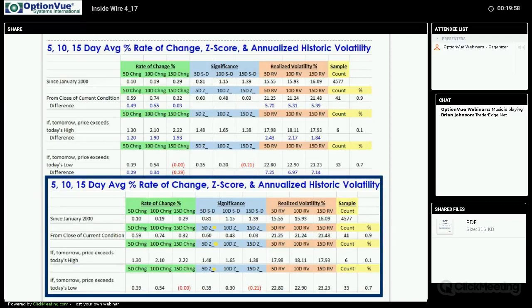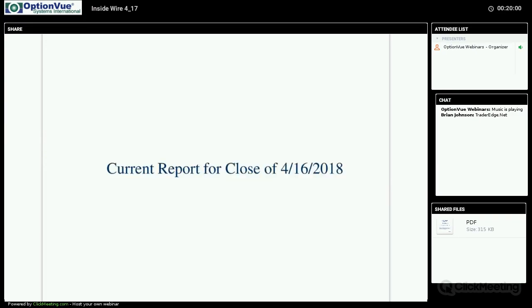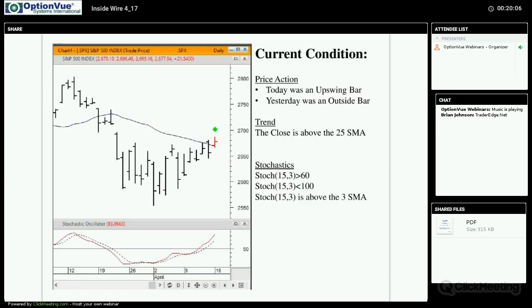Okay, now let's just take a look at what happened yesterday for those of us here. From the close of yesterday, let's take a peek. Here was the market condition in the S&Ps. We had an upswing bar that occurred after an outside bar, higher high, lower low.